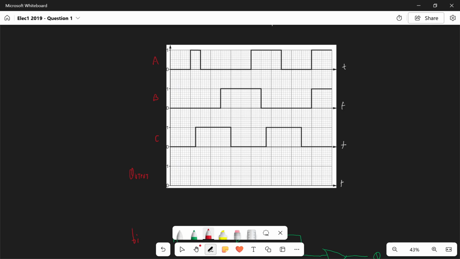So when C, B, and A are low, which is here, here, and here, we have a high. And then we scan across to look for any other position where C, B, and A are low. And what we've actually got is a high here. And for all other places, the output is low.